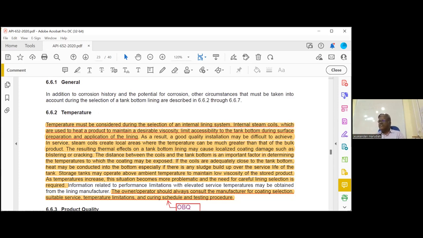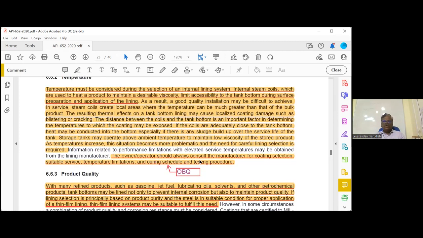Otherwise, the lining will start dissolving. Heaters are used to heat the product, maintain viscosity, and limit solids settling to the tank bottom. This line is important: the owner operator should always consult the manufacturer for coating selection, suitable service, temperature limitation, curing schedule and the testing process. You have to follow the manufacturer recommendation. That is open to question.